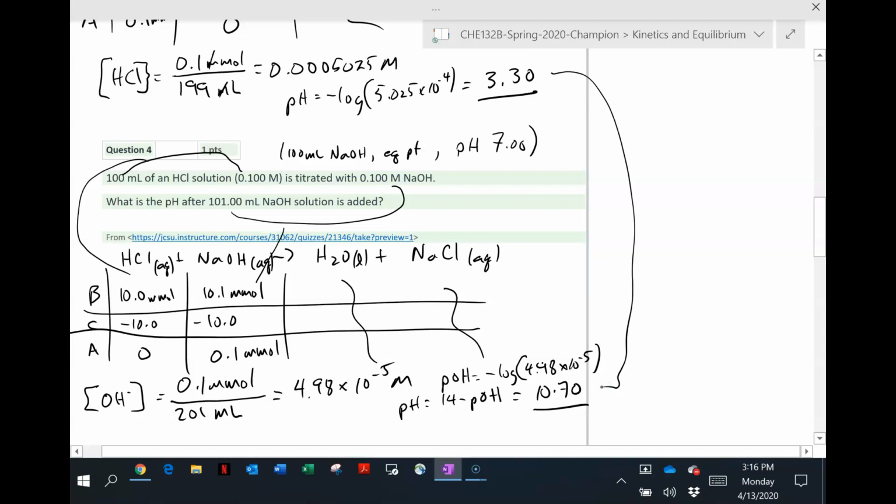Pretty dramatic jump, and that's again characteristic of that strong acid, strong base titration, where we have essentially a fairly slow increase, and then right at the equivalence point it jumps up, where that equivalence point is at 7. And you see 1 milliliter before and 1 milliliter after the pH is relatively low and relatively high.